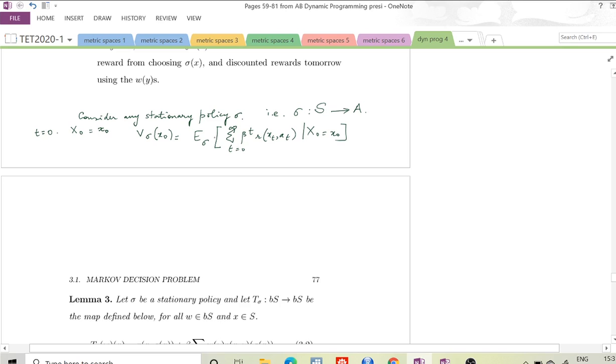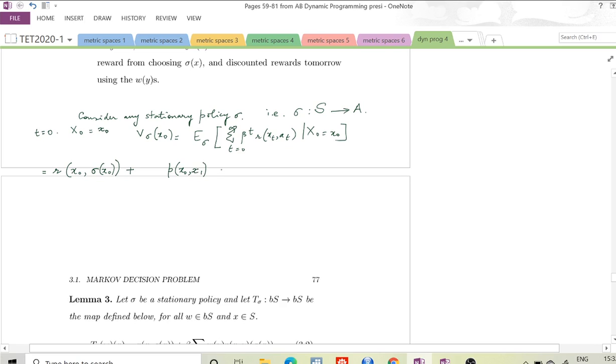So let me open this out. That's equal to the current reward, R of x naught, where x naught is followed by an action sigma of x naught. Plus what happens then in future. In the next period, the state makes a transition from x naught to some particular x1.